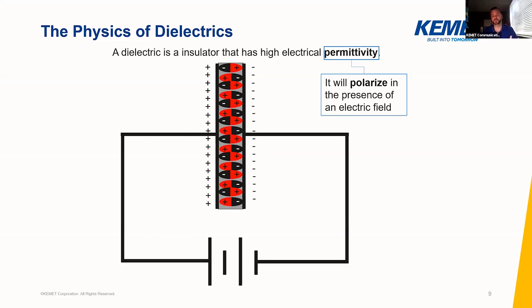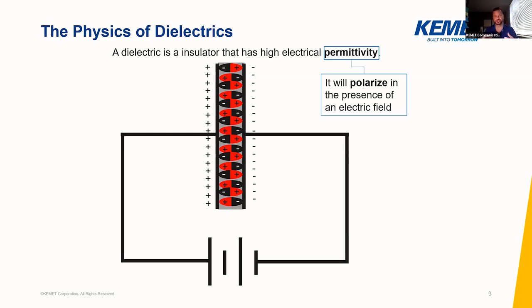Not all materials do this. So it's not enough to say that any insulator makes a good dielectric. You can't really make a capacitor out of some type of rubber or other material, because that material won't polarize. And permittivity is actually a material's ability to polarize in the presence of an electric field. So what does it look like when that dielectric material polarizes?